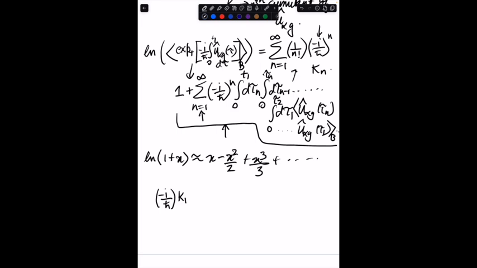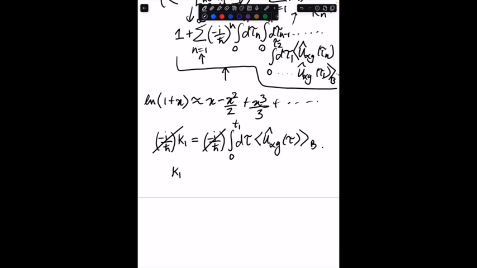And I believe that you should get the first cumulant, which would be minus i upon h bar integral from 0 to t1, let me just call it d tau, and then you had alpha g tau traced over the bath states. See, this cancels. And your first cumulant is given by the integral from 0 to t1 d tau of u hat alpha g tau traced over all the bath states.